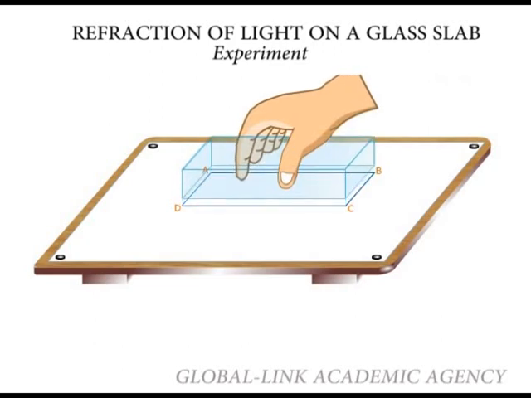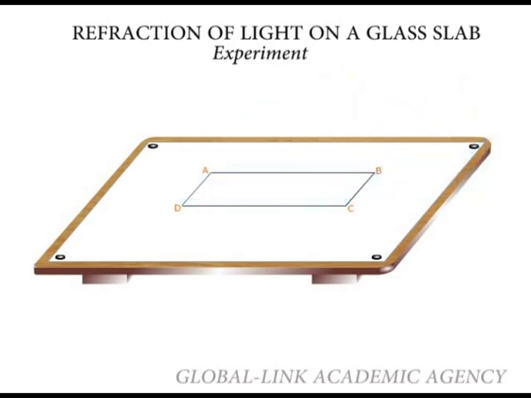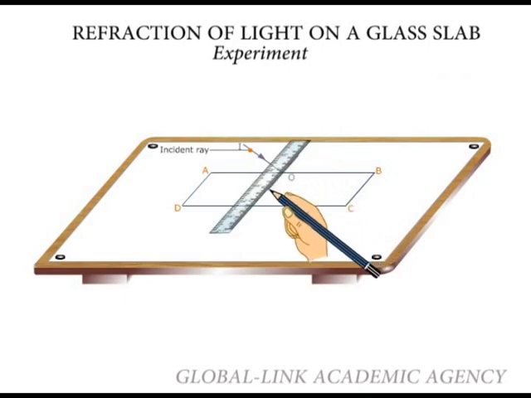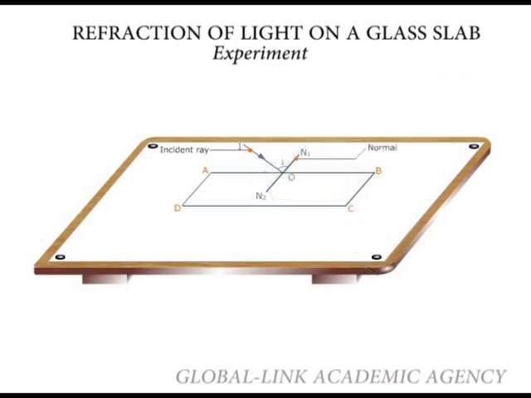Now remove the glass block. Draw an incident ray IO. Draw a normal N1, N2 at the point of incidence O. Fix 2 pins on the incident ray IO.